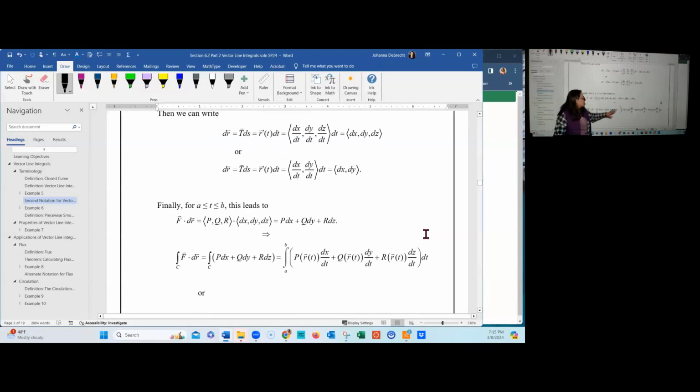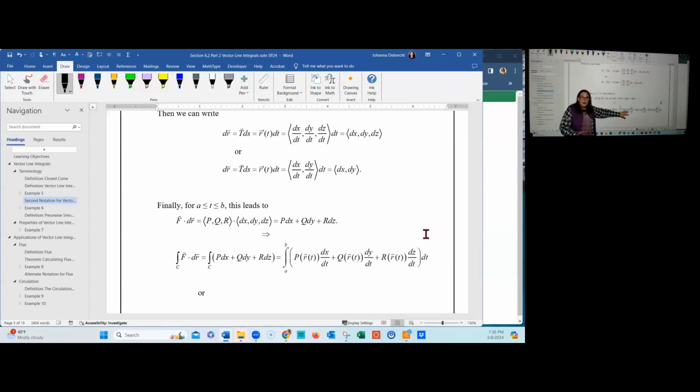Once you have it in this form, however, you're not able to evaluate it on the curve until you re-represent it in terms of the parameter t. To do that, you in a sense go backwards to thinking of r prime of t dt as ⟨dx/dt, dy/dt, dz/dt⟩ dt.